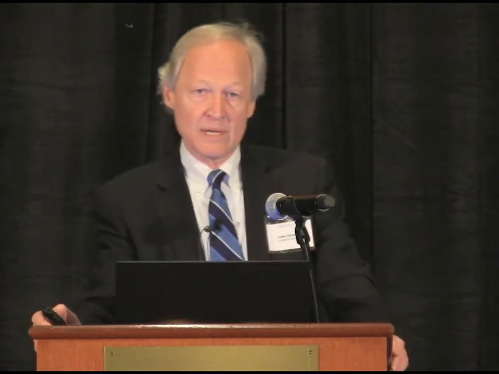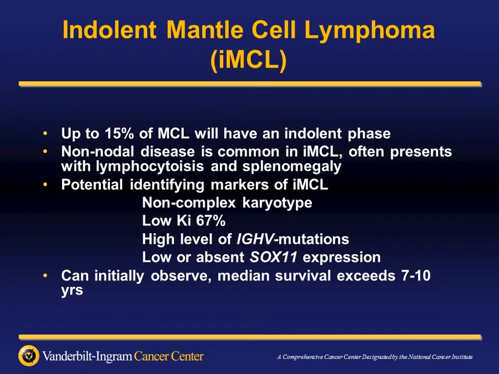The potential identifying markers is that they do not have a complex karyotype. They have a low Ki-67, often less than 30%. They have a high level of these IGH variable chain mutations and lower or absent SOX11 expression. And you can approach them just like CLL. You can initially observe; median survival exceeds 7 to 10 years.